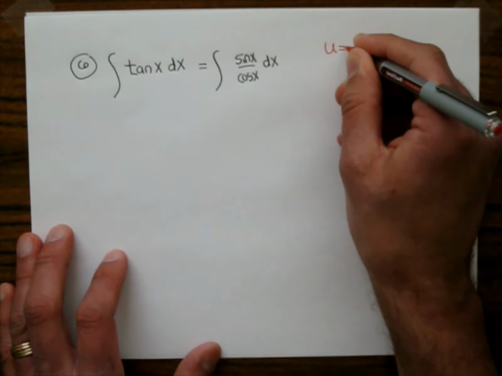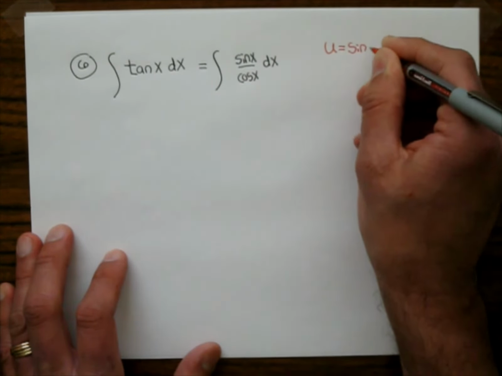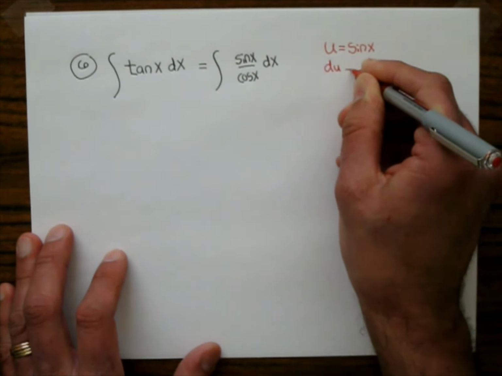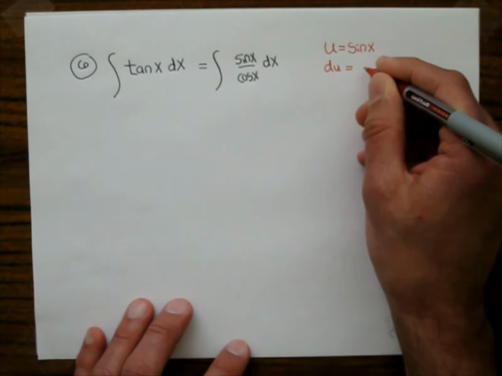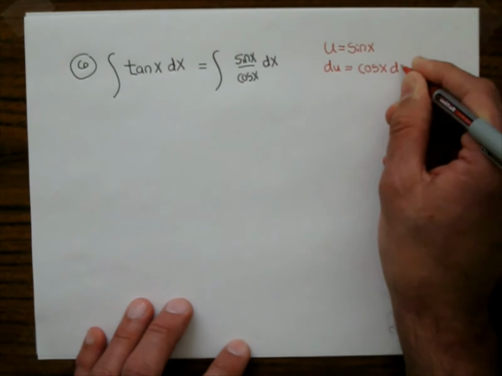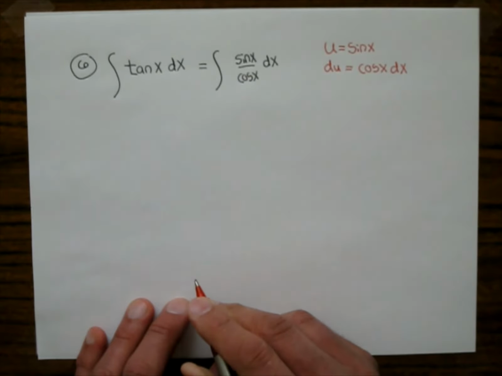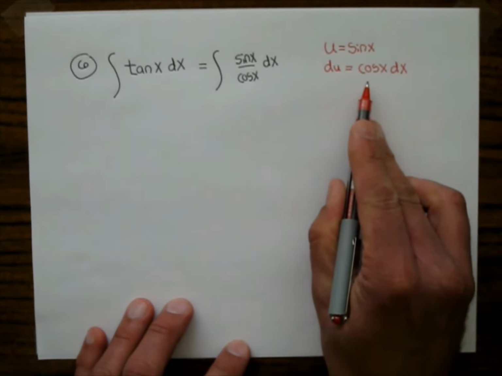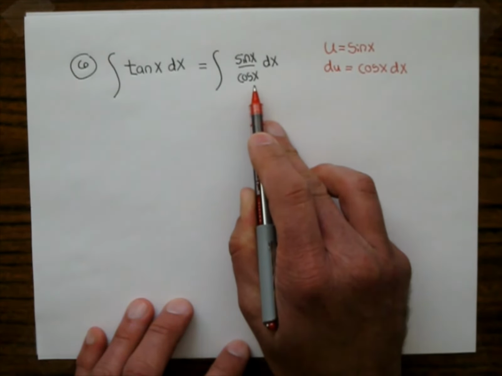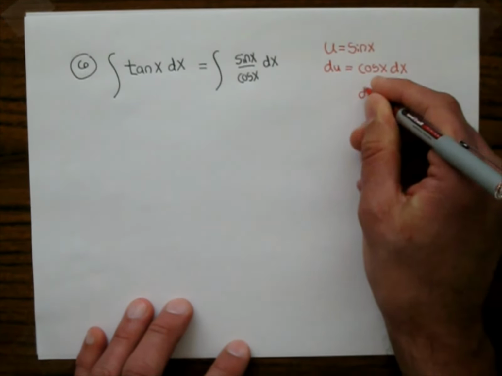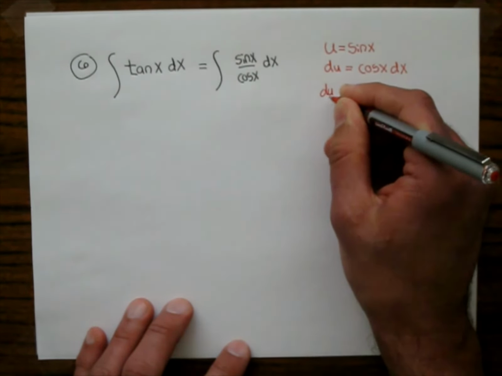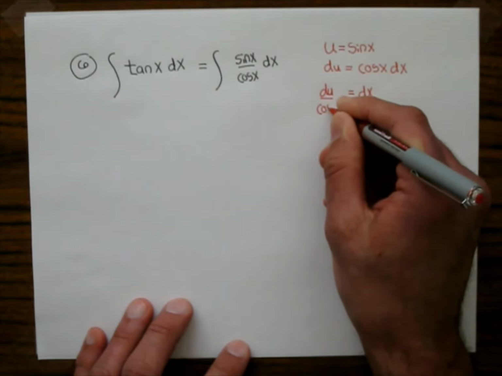U equals the sine of x, which would mean du equals the cosine of x dx. And I do see a cosine, but it's not right next to the dx. I have dx over cosine. So you might say, well, let's go ahead and go dx equals du over the cosine of x.